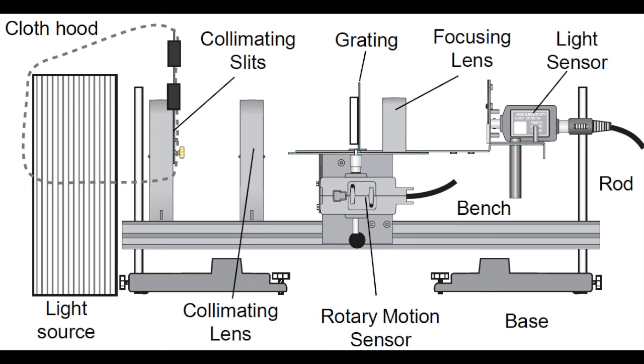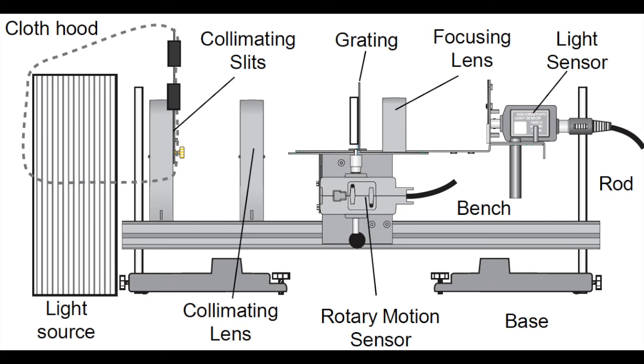In front of the collimating slits, we place the light source, and if the light source has a large opening, we should mask the opening so it transmits a narrow 1 centimeter wide light beam.